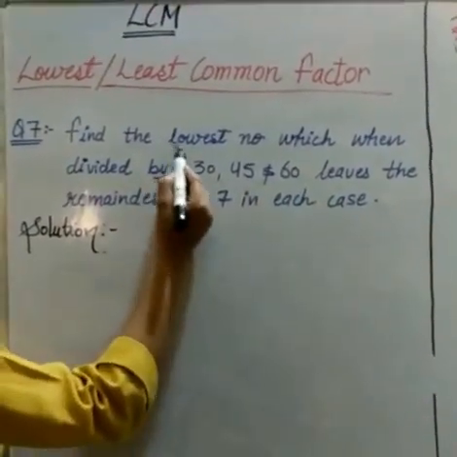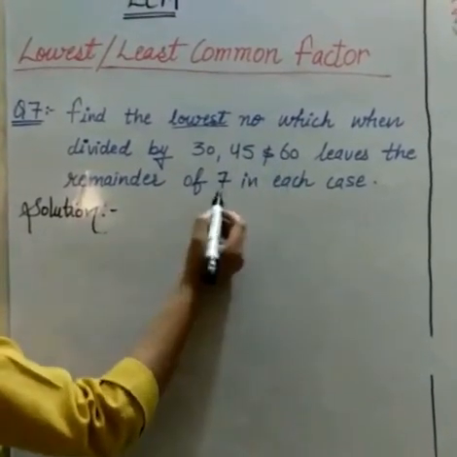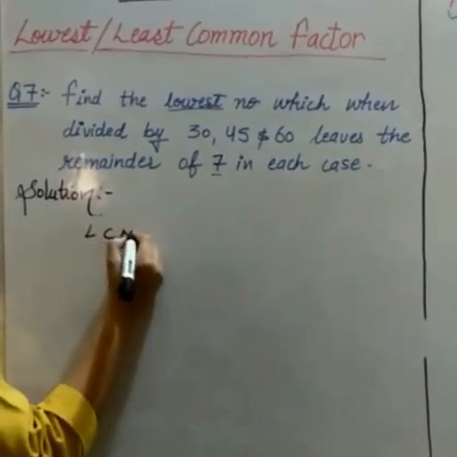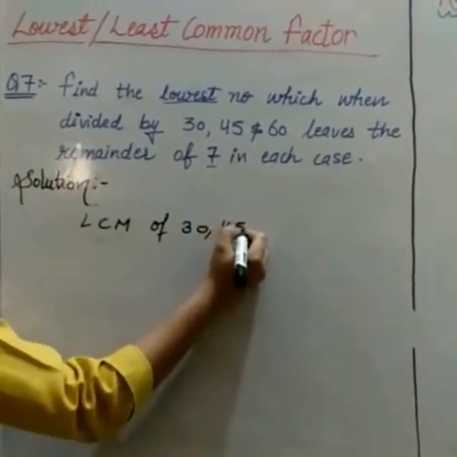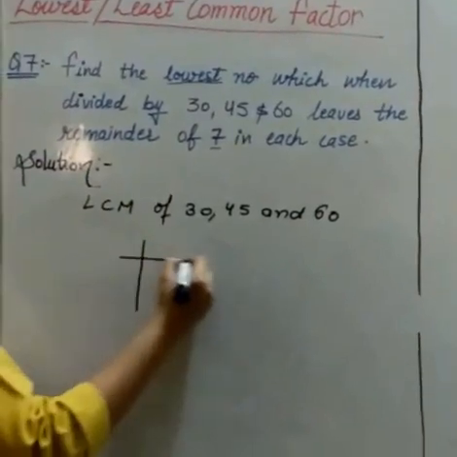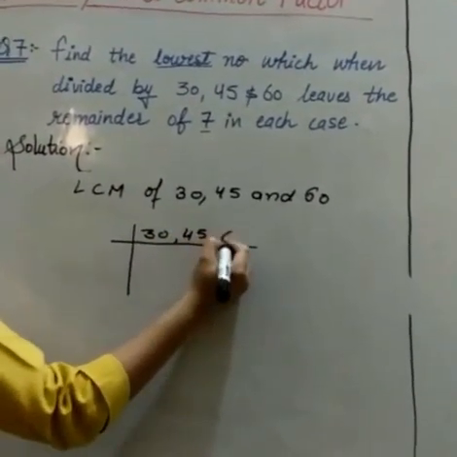We have to find the lowest number which when divided by 30, 45 and 60 gives remainder 7 in each case. So we will find LCM of 30, 45 and 60. So arrange these numbers in row, separate them with commas.